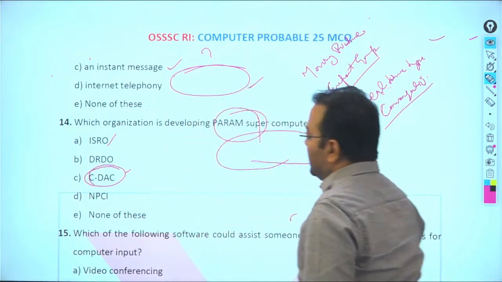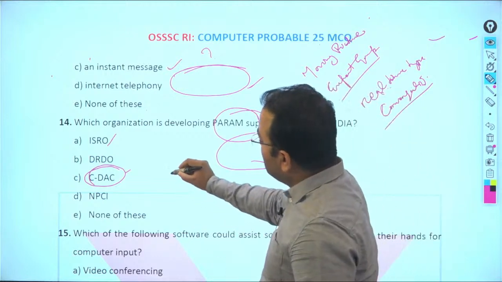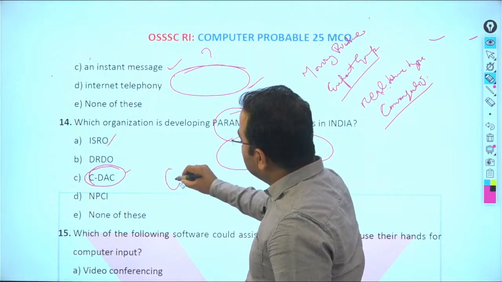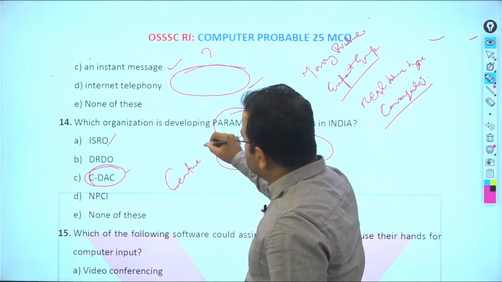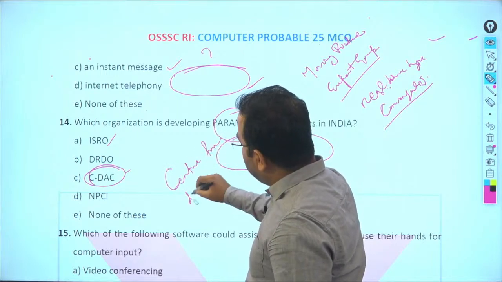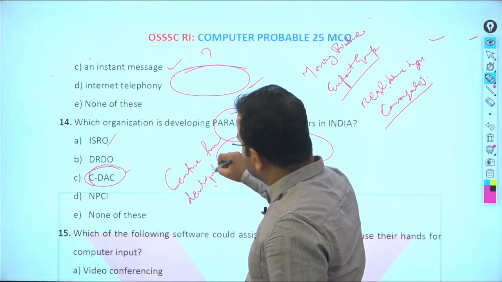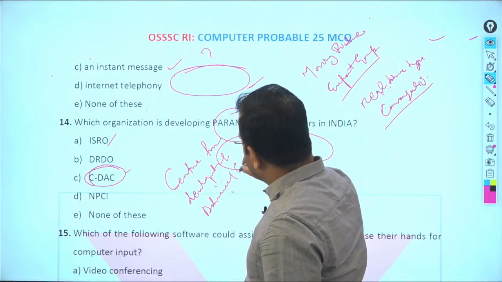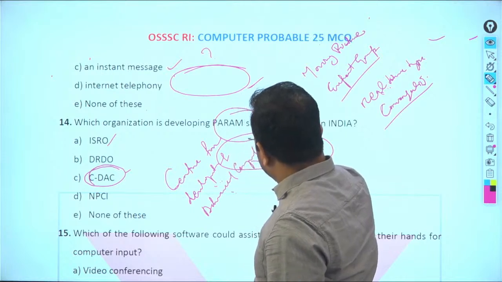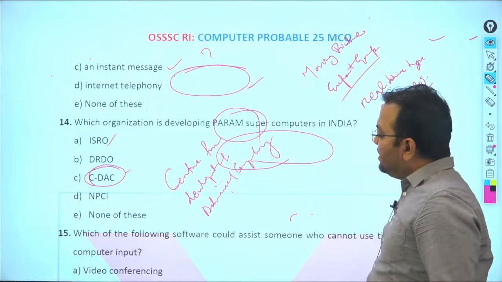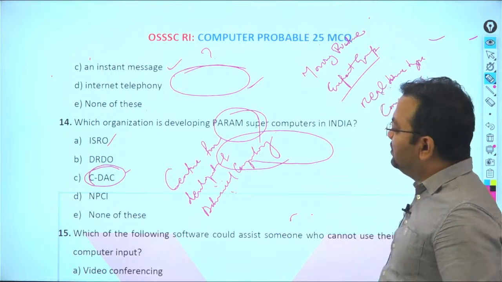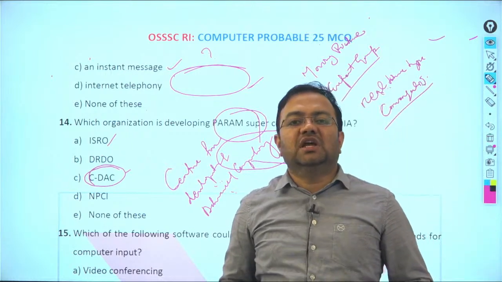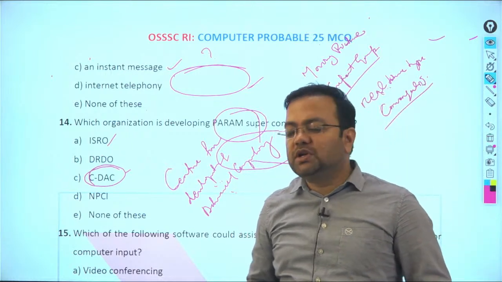So it stands for, students note down, this is an important full form also. Center for Development of Advanced Computing, CDAC. So this is the organization basically developing the Param version supercomputer.